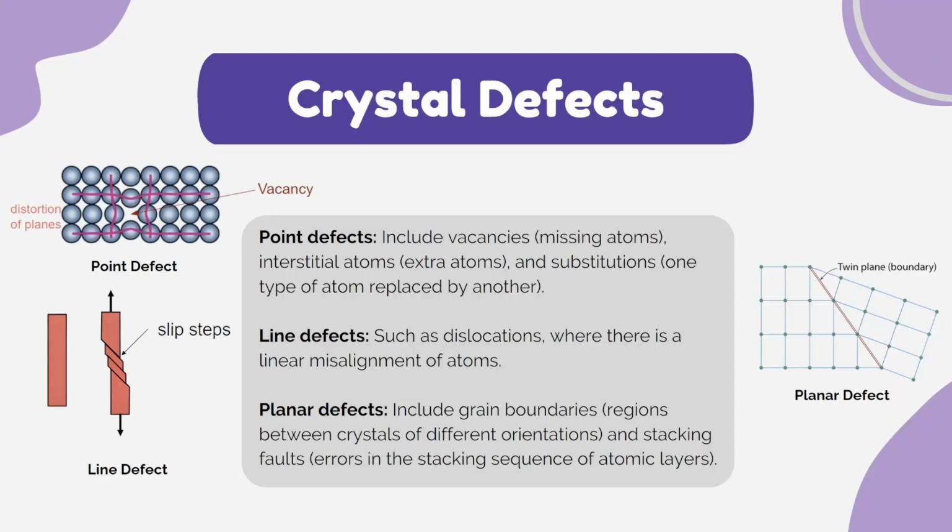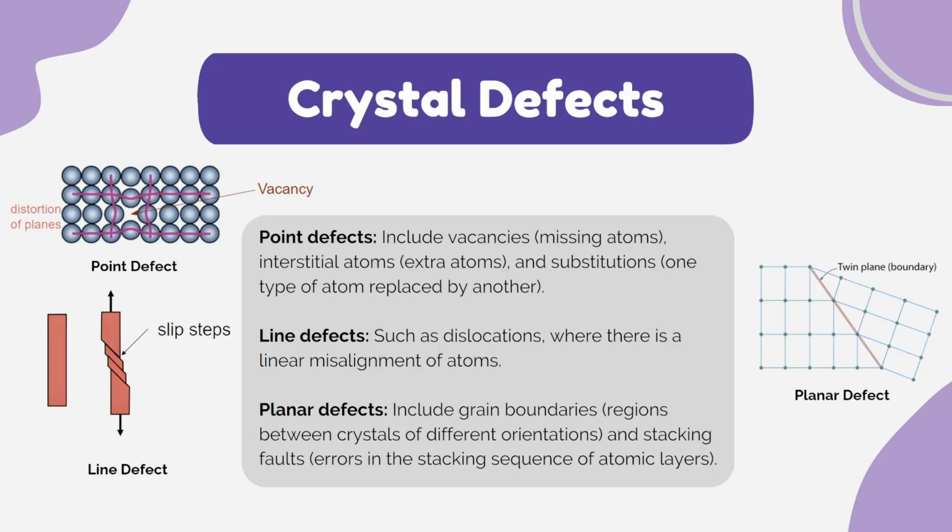Crystal defects. There are 3 types of crystal defects. Number 1, point defects, which include vacancies or missing atoms, interstitial atoms or extra atoms, and substitutions where one atom is replaced by another.